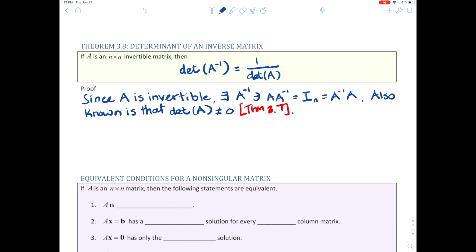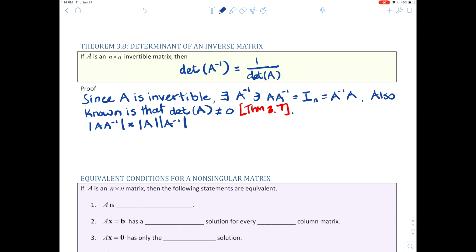The determinant of A times A inverse, by one of our properties, is equal to the determinant of A times the determinant of A inverse, correct?